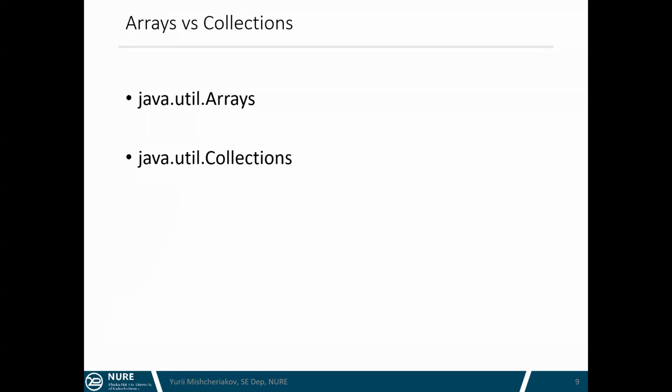The same for Arrays and Collections. Arrays has a lot of methods to handle arrays, like sorting, toString, and so on. Or extend an array, or shrink an array, and so on. Collections, the same idea.